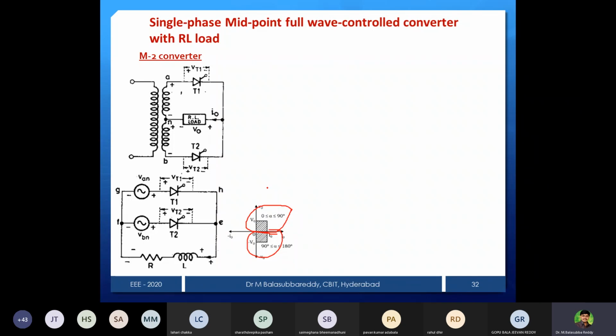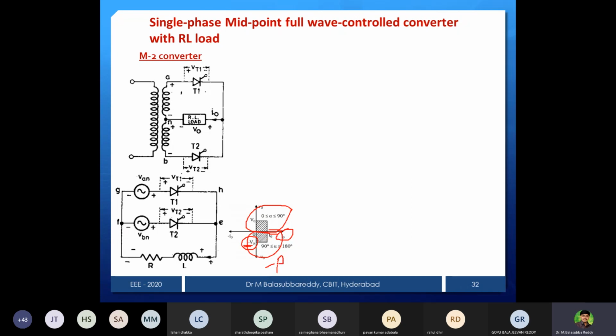From the quadrant diagram, it is very clear that in the first quadrant, voltage and current are positive, and in the fourth quadrant, current is positive but voltage is negative. Whenever voltage is negative and current is positive, the product is negative power.